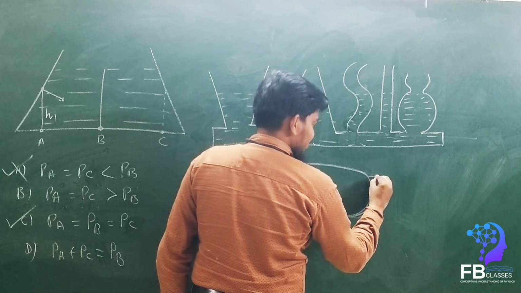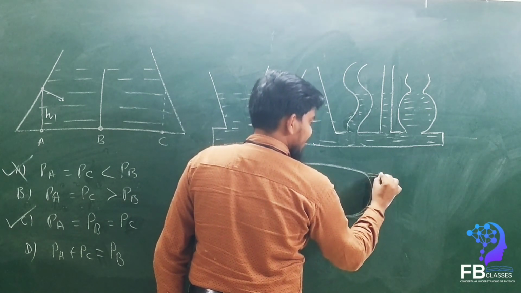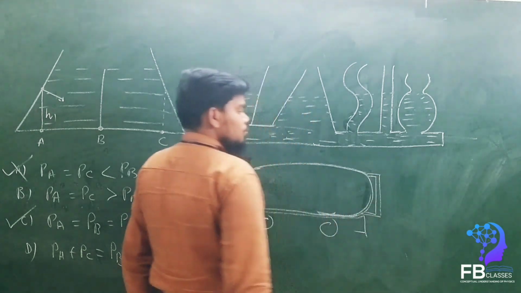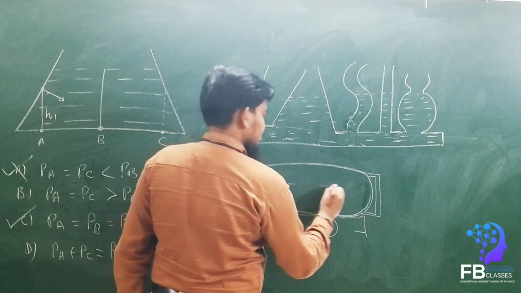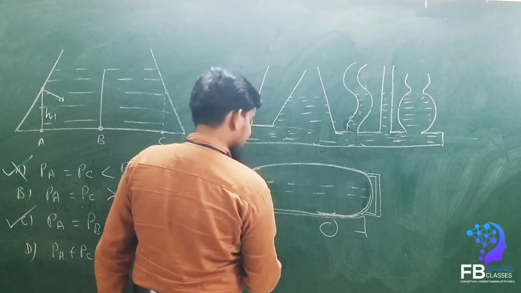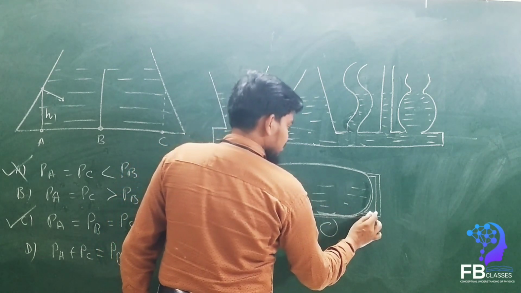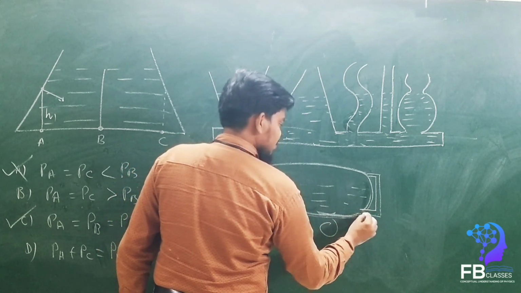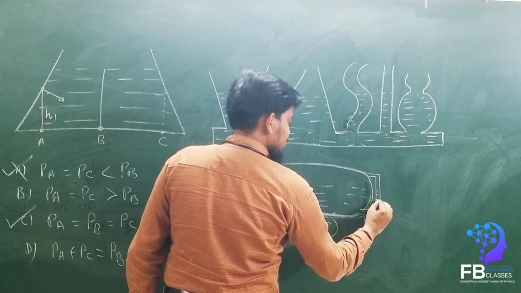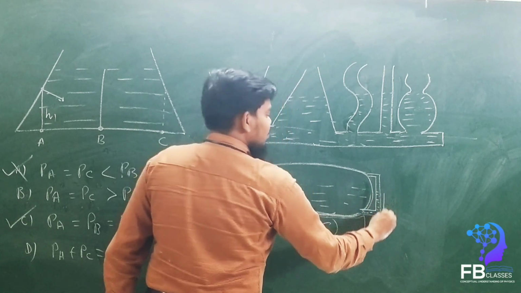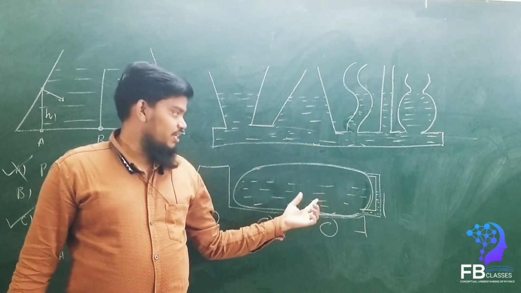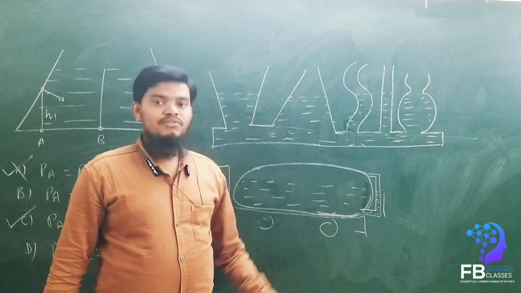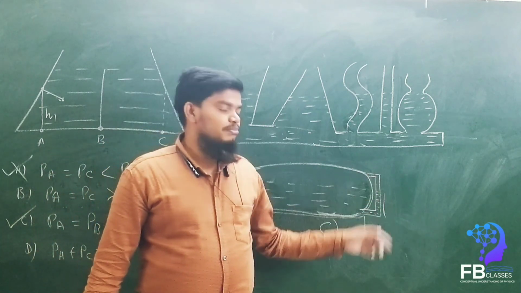There is one transparent pipe almost here. Why do they give this transparent pipe? Because however much liquid is there in the container, the same level will settle here in the open pipe. So to find out how much height of liquid is filled in the tanker, we can see it very easily in the transparent pipe.